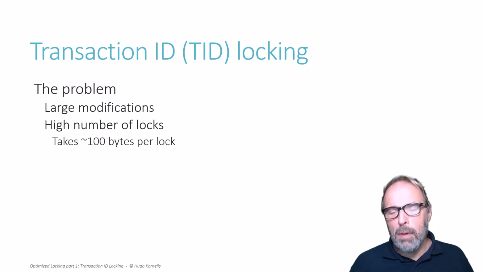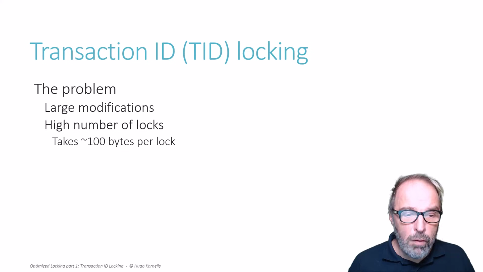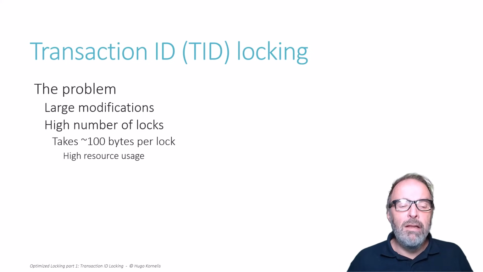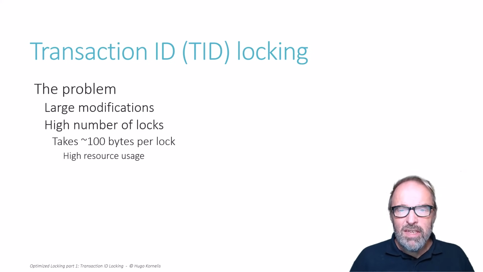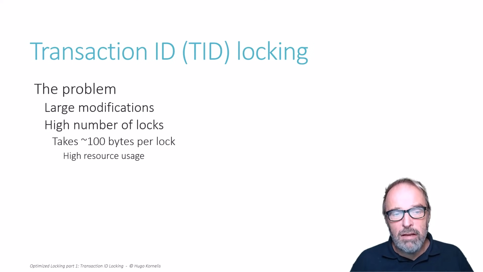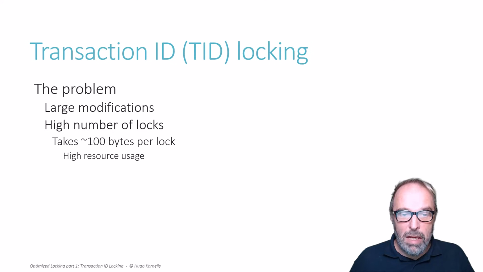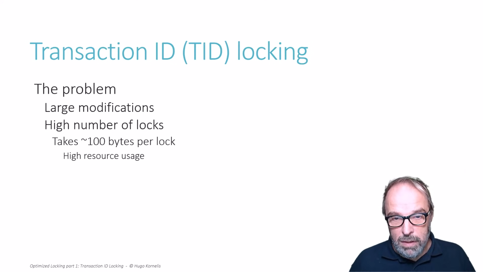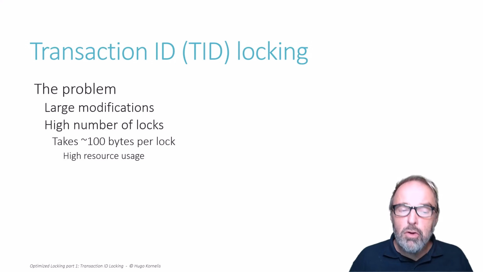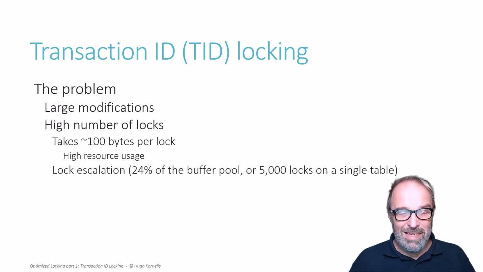But if you multiply that with a high number of locks, then it becomes a significant resource usage, and this is taken out of the buffer pool that you really want to save to get as much data in logical reads instead of physical reads. Now there are some internal thresholds for lock escalation.